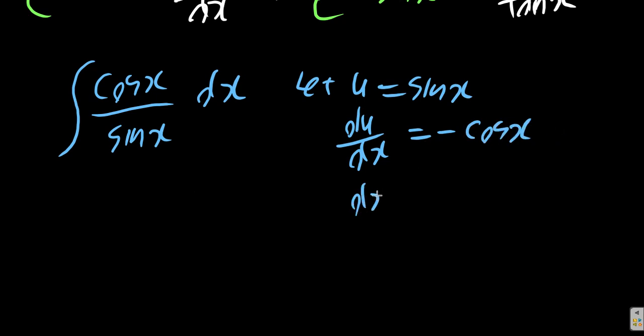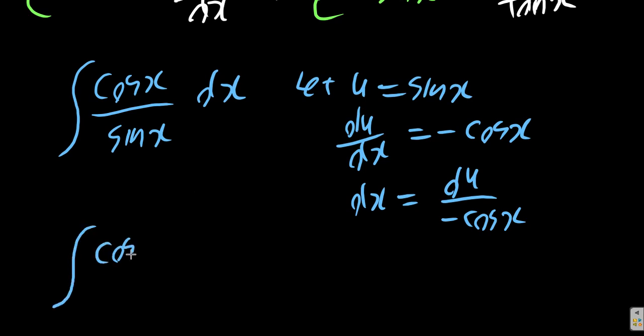So dx is equal to du over negative cos x. When you substitute, you have the integral of cos x divided by sine x, which is u, times dx, which is du divided by negative cos x.